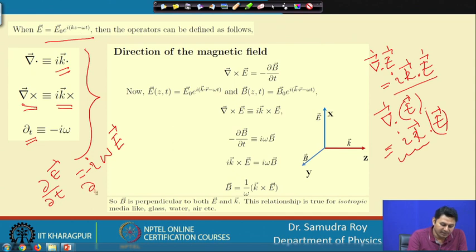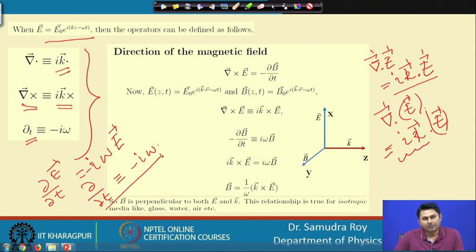So, that means the del t operation is equivalent to multiplication by minus i omega. That is as simple as that. So, after having the knowledge of this operation in terms of k and omega, we are going to use that.